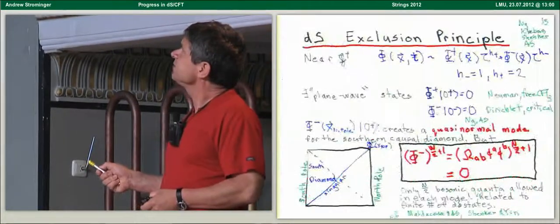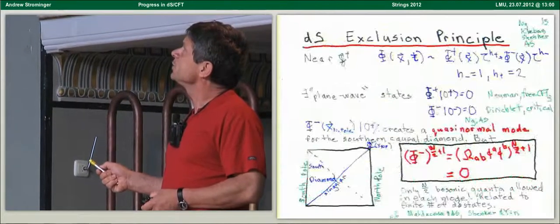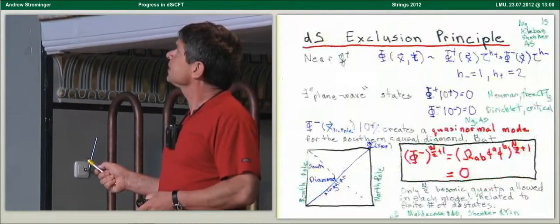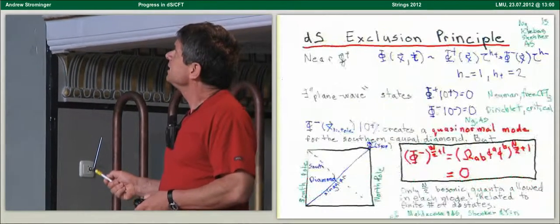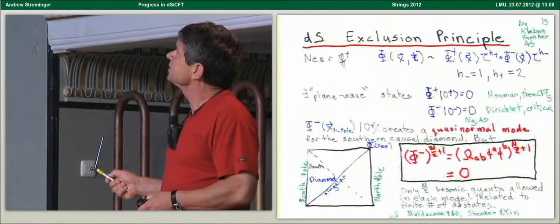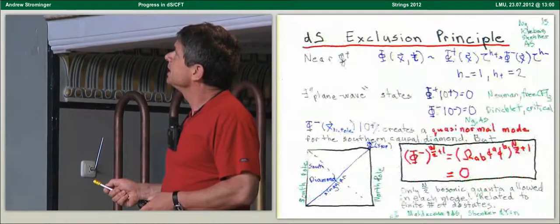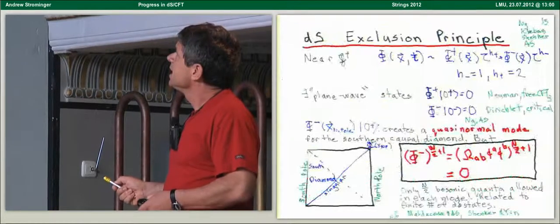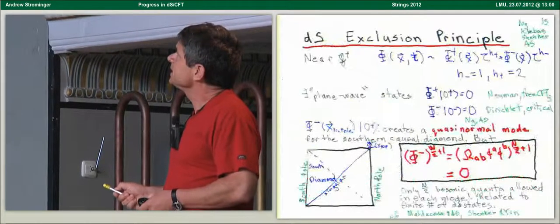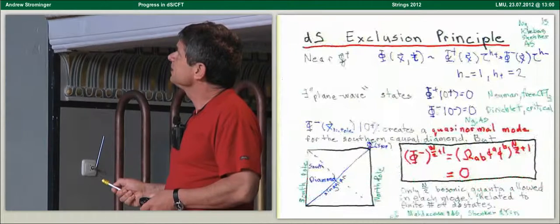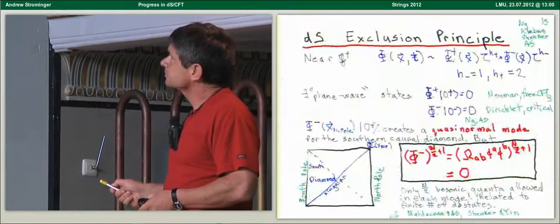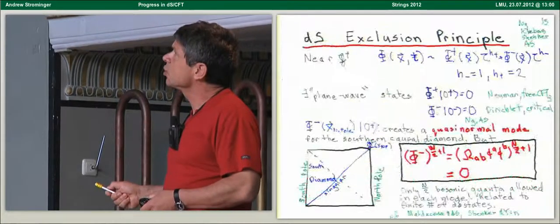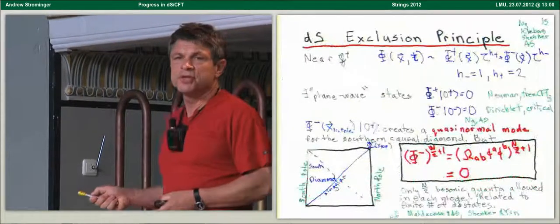If we take the scalar field operator and we look near scri plus, there are two fall-off behaviors, and each of these operators is dual to an operator that lives in the conformal field theory on scri plus. But this operator acting on scri plus, if we take it at the North Pole, creates what's called a quasi-normal mode for the southern diamond.